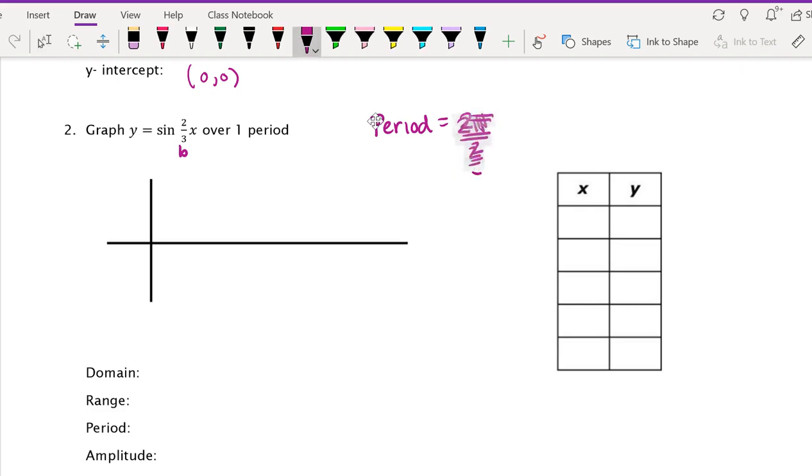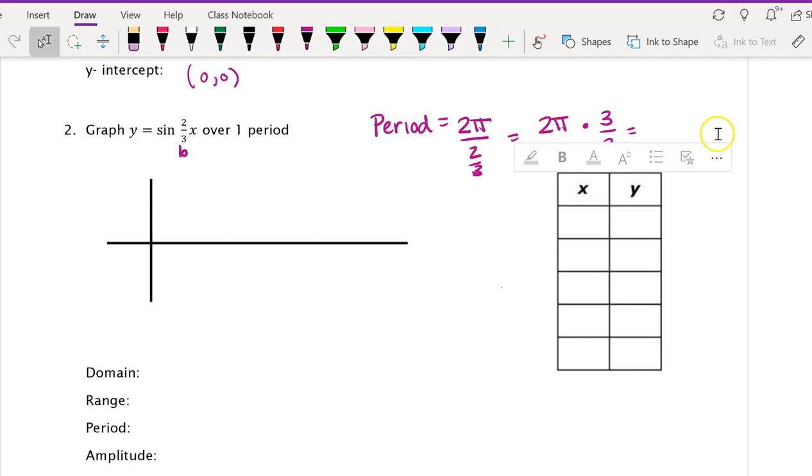So I have a number divided by a fraction here, which is equal to 2 pi times the reciprocal. So what I have is now 2 times 3 is 6 pi over 2. So my new period is 3 pi units.